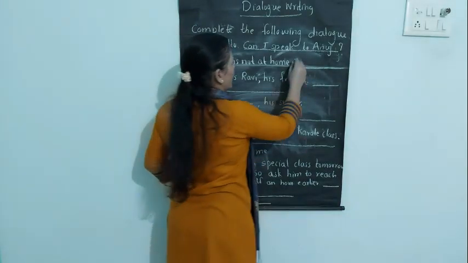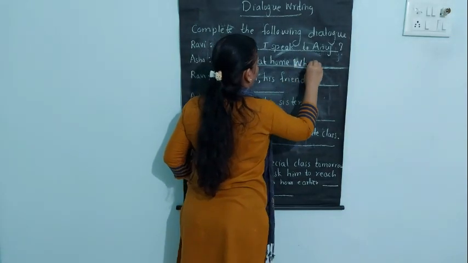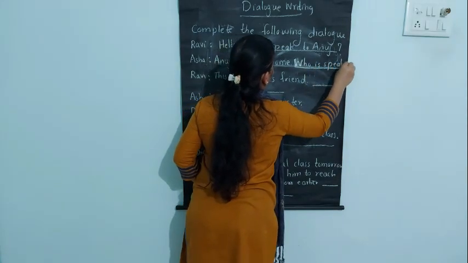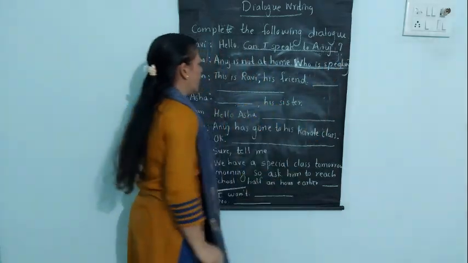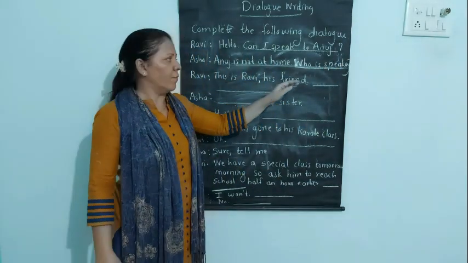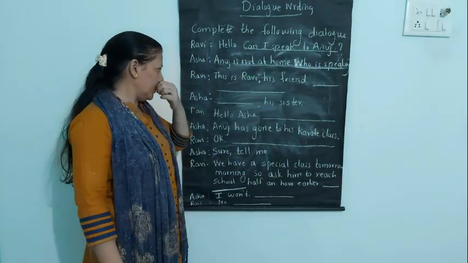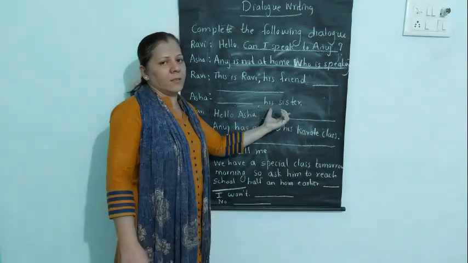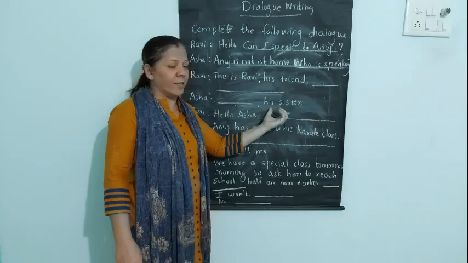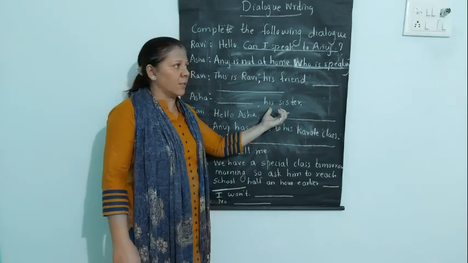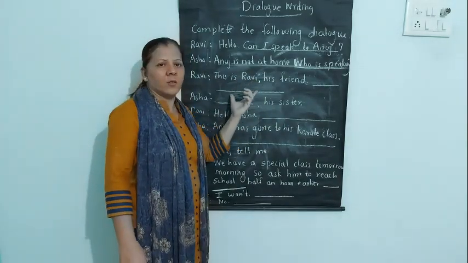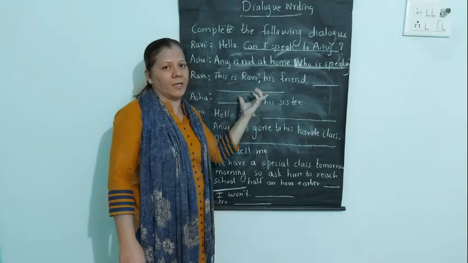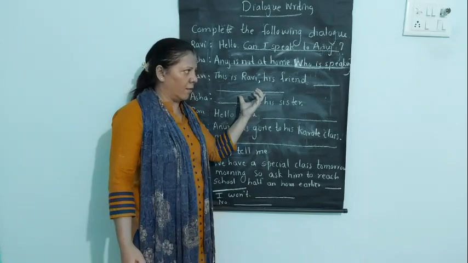So, who is speaking? Question mark. This is Ravi, his friend. Dash. So now, his sister. Here you have the dialogue. His sister. So it means Ravi has asked who is there speaking on the other side, right?